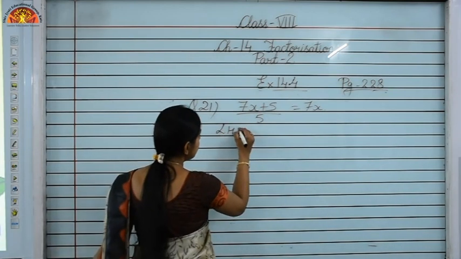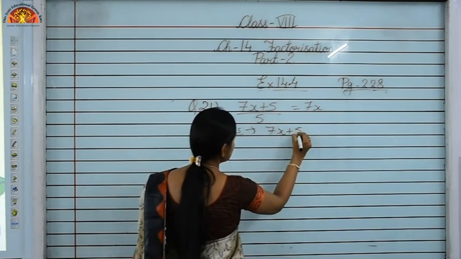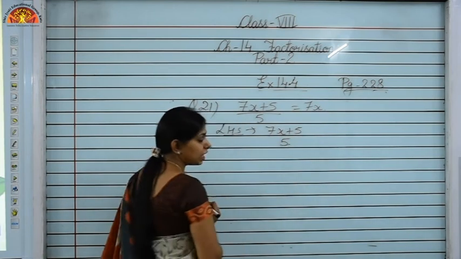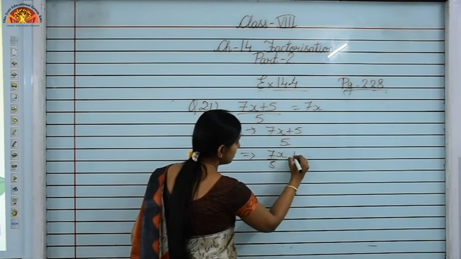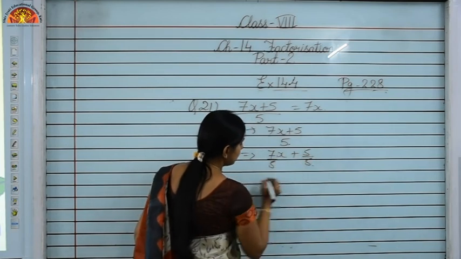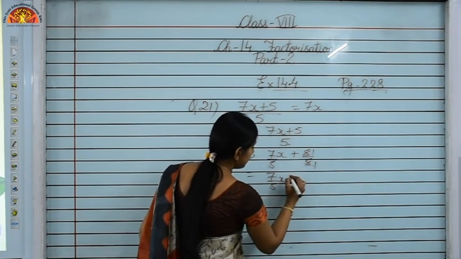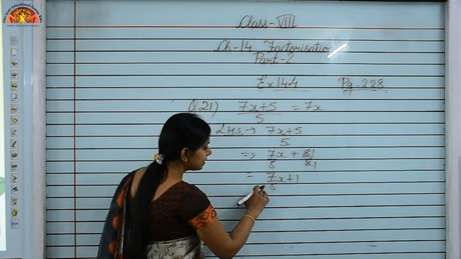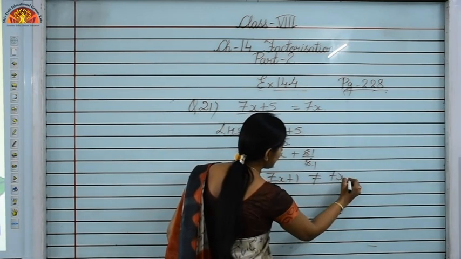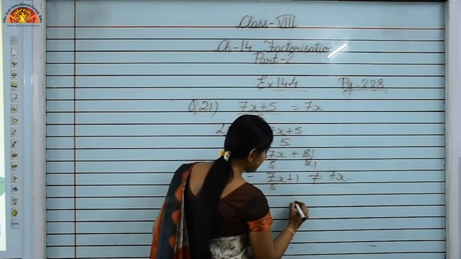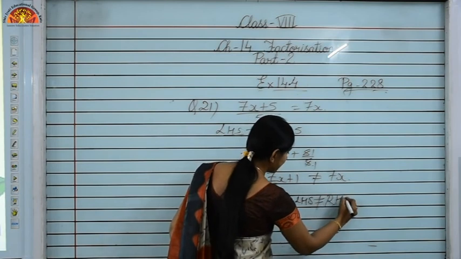So the left hand side is (7x plus 5) whole upon 5. Now we can write it as 7x upon 5 plus 5 upon 5, which is equal to 7x upon 5 plus 1. So you can see that 7x upon 5 plus 1 is not equal to 7x. So it is an error. So left hand side is not equal to right hand side.